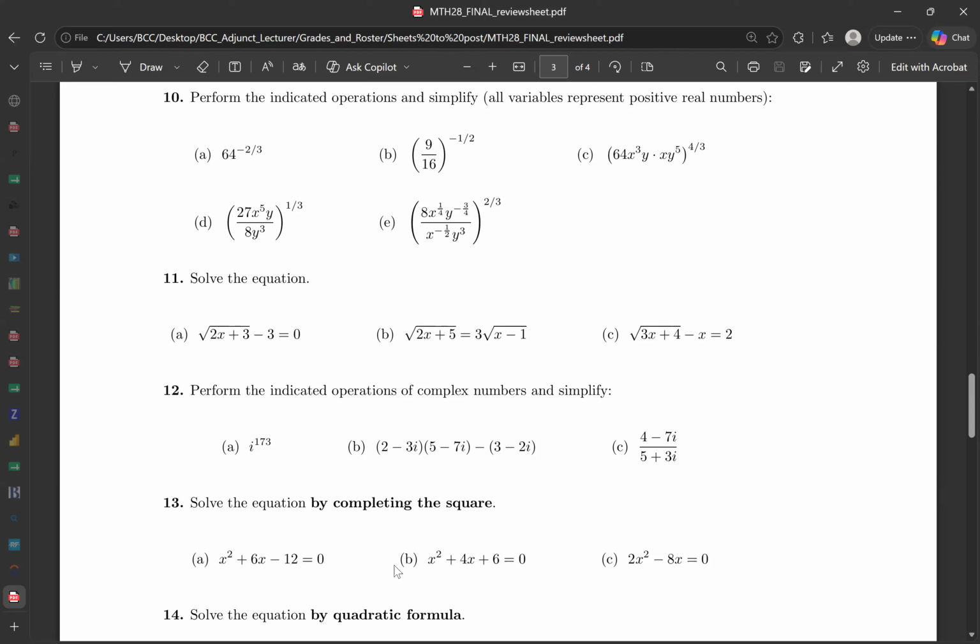So that would be like 173 divided by 3. No, 173 divided by 4. And then the remainder is the answer. I guess whatever the calculator can help me out with, I'll appreciate it.